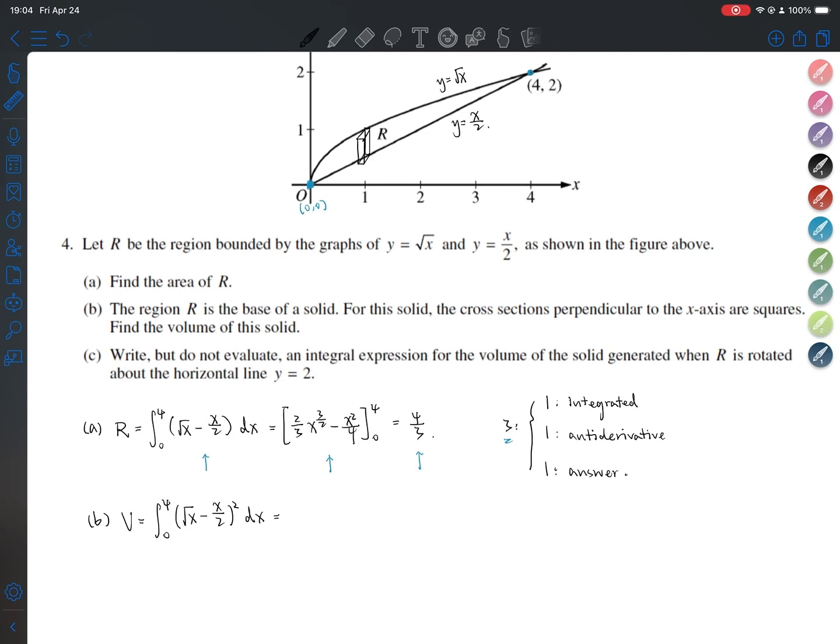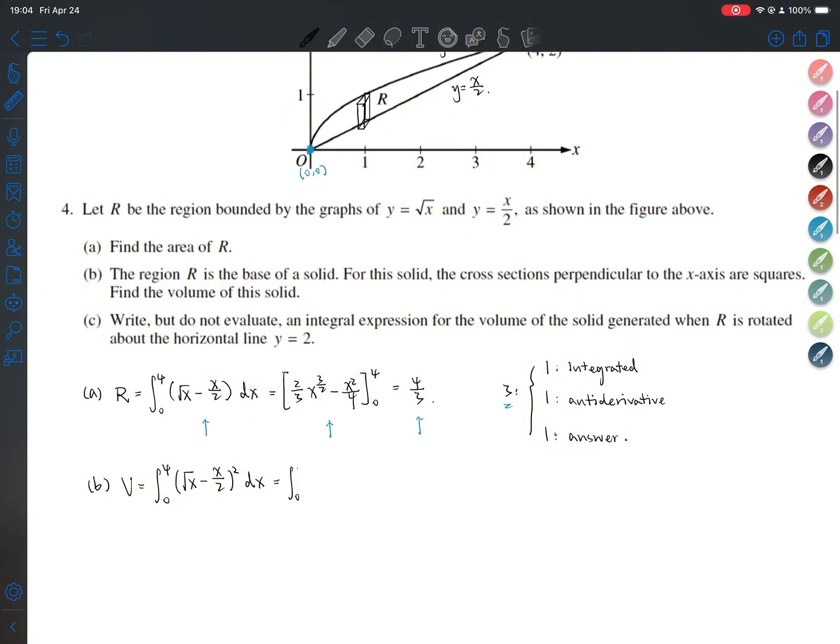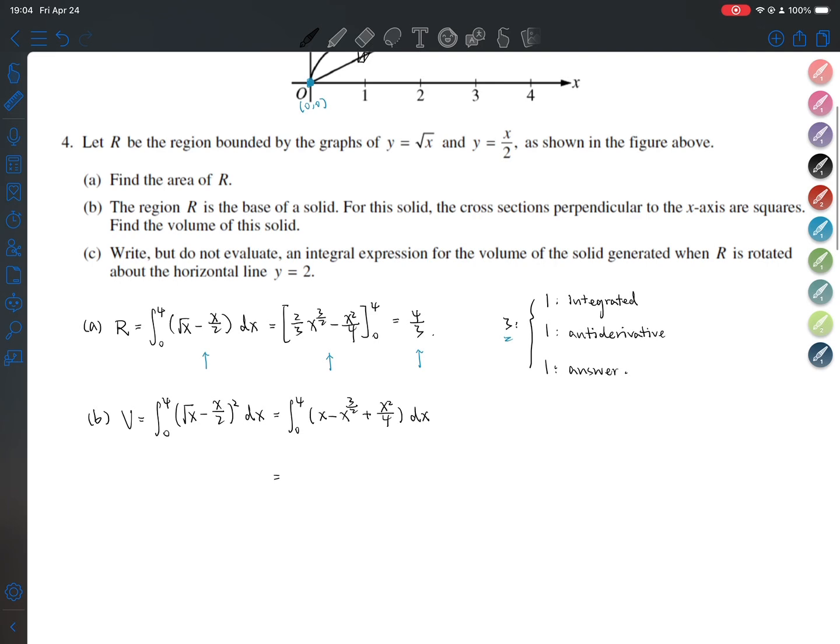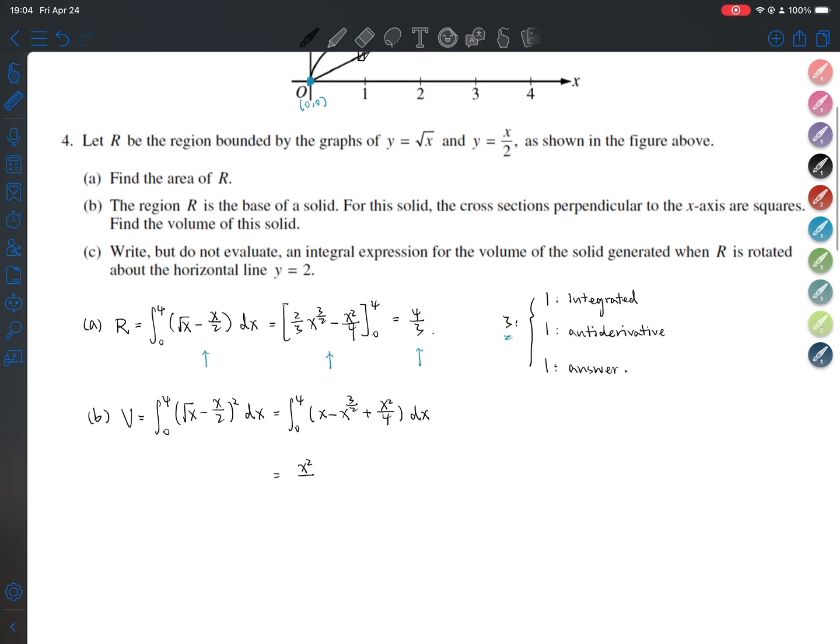To solve it, we expand what is inside the bracket. So inside the bracket, it becomes x minus x to the 3 over 2 plus x squared over 4, and dx. And we just solve this integral. So this is x squared over 2 minus 2x to the 5 over 2 over 5 plus x cubed over 12.